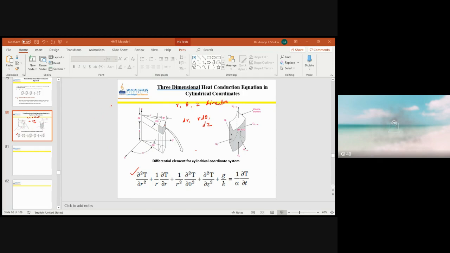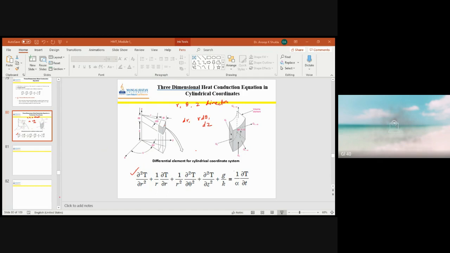Okay. So the method of derivation is the same. It's similar to the cylindrical coordinate system. So you can just write this equation.